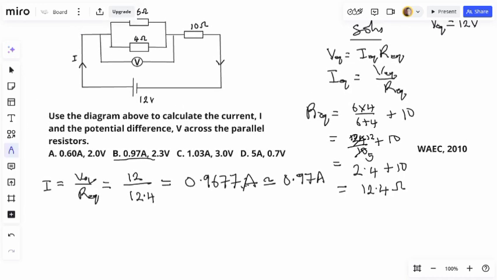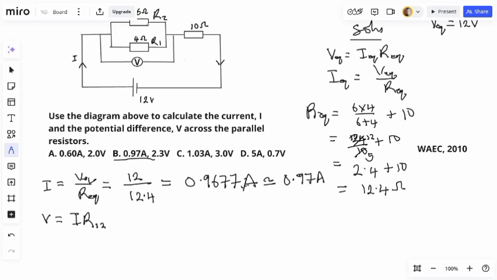So now to calculate the V there, the voltage V will be the current through that branch times the resistance. If I label the 4 ohm resistor R1, and the 6 ohm resistor R2, V here will be I, the current through them, times R12.